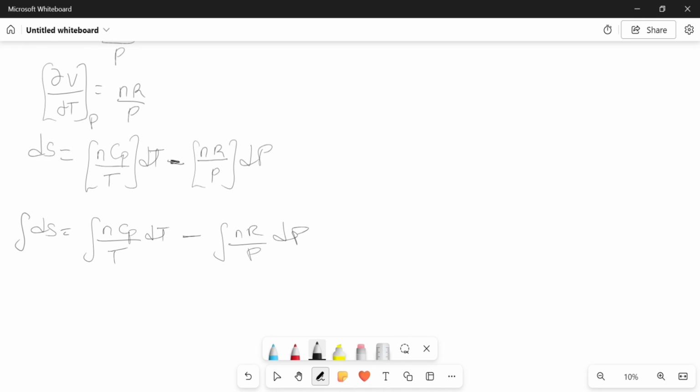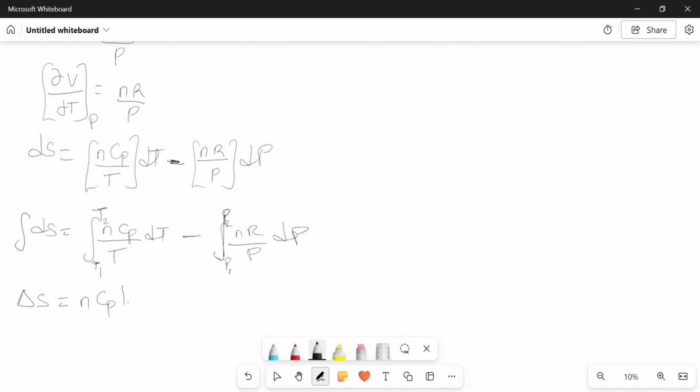Cp and R are constants, so n Cp will come out. If I integrate, the change in S is equal to nCp, and 1 over T integrates to ln T. Don't forget this will be from T1 to T2, at two different temperatures. This should be P1 to P2.